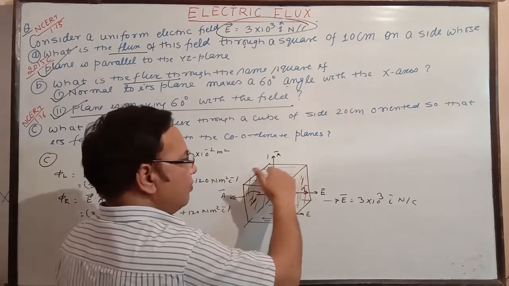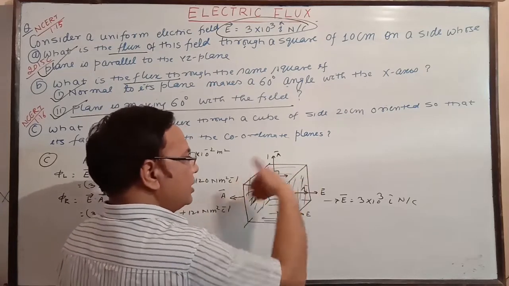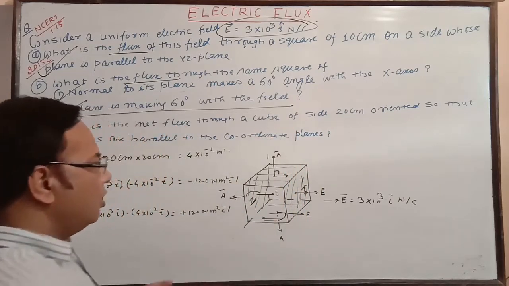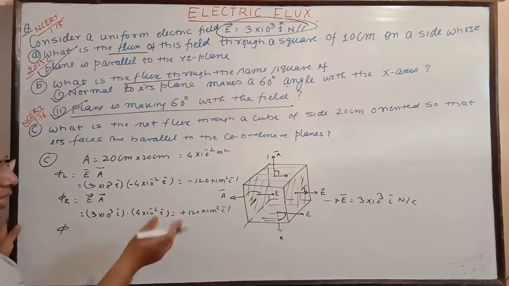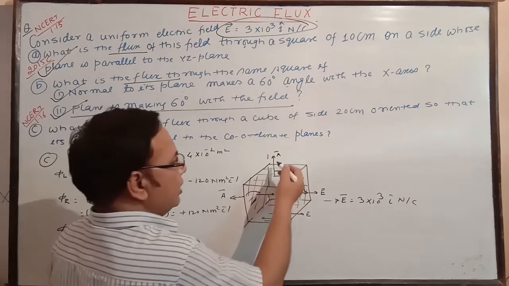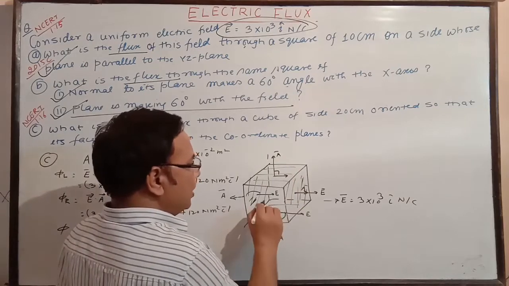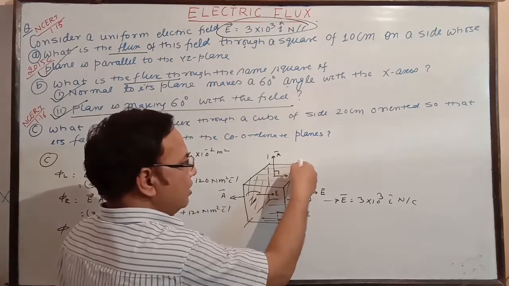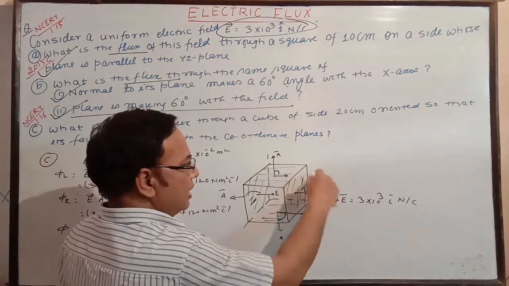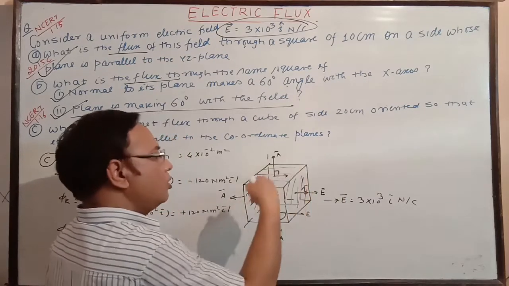For back side, field is rightward, area vector is away from you. So in all the cases, the angle between E and A is 90 degrees. Here 90, here 90, front 90, back 90.